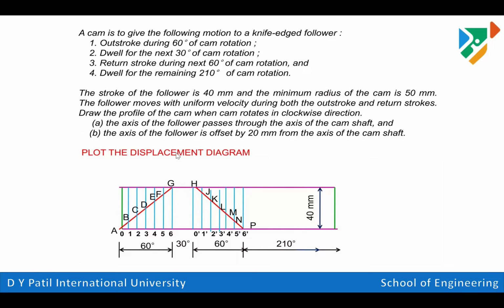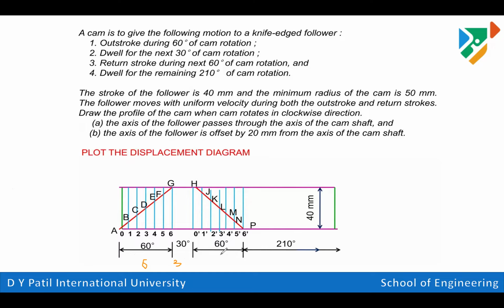First we'll plot the displacement diagram. While plotting it, we'll take a scale of 1 centimeter equal to 10 degrees. So for 60 degrees, we have a 6 centimeter line. For 30 degrees, we have a 3 centimeter line. Again for 60 degrees, a 6 centimeter line.